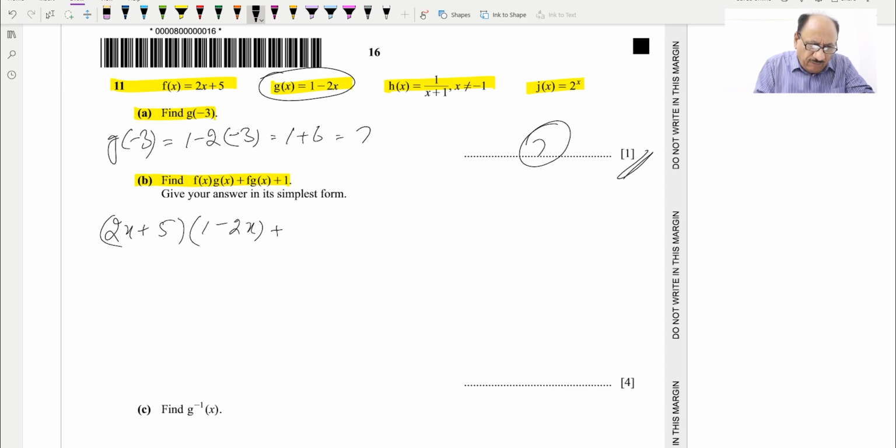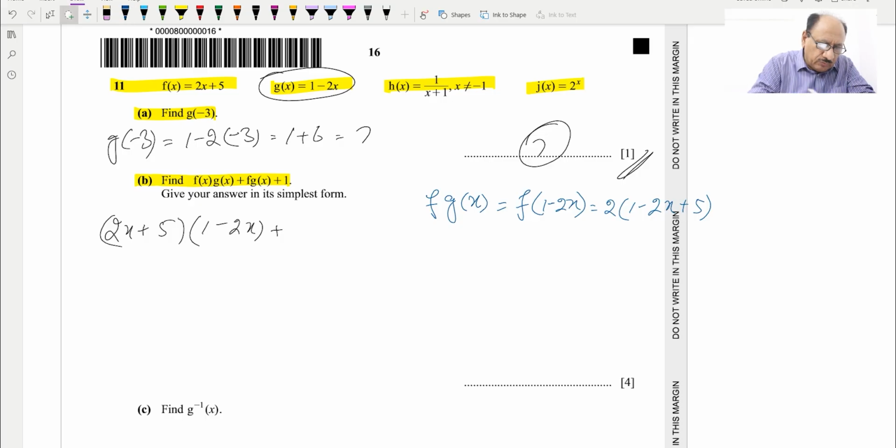First we will find f of g of x. g of x is 1 minus 2x, so we'll replace this value in f of x, replacing x with 1 minus 2x, and plus 5.